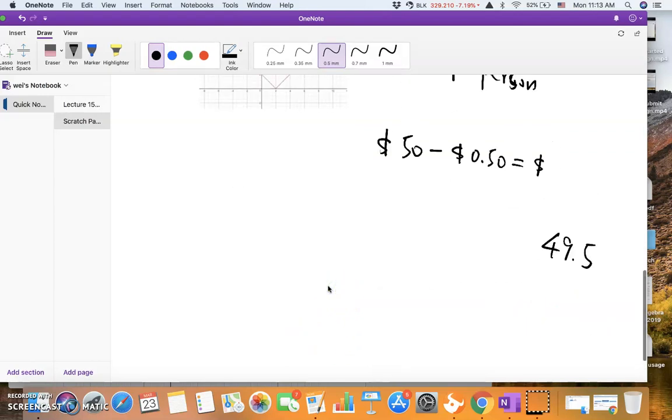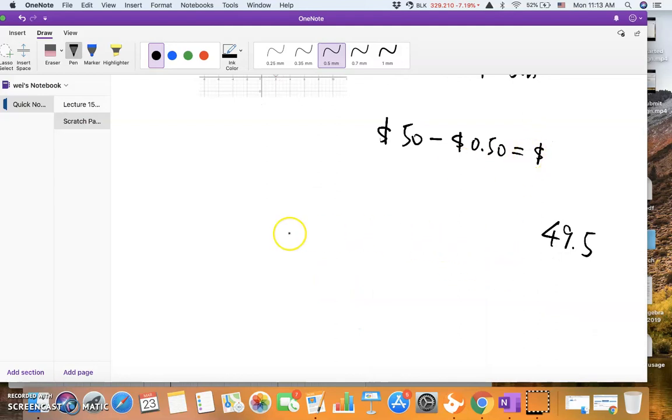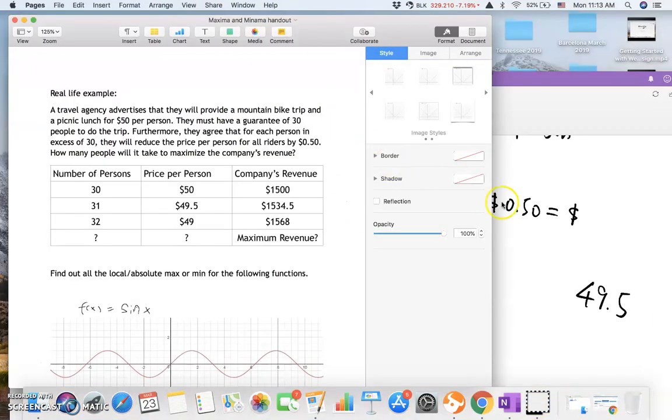Therefore, the revenue now is 49.5 times the total number of persons. And that's how we get these numbers.